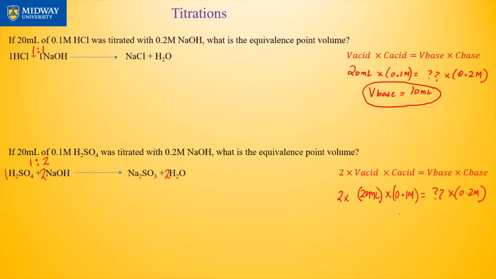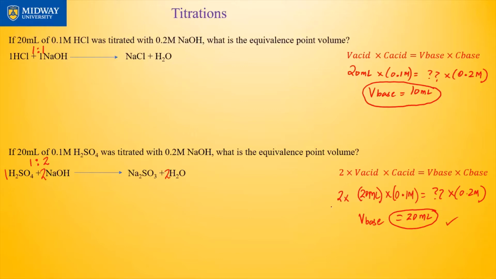What do you see is different? Well, the numbers are exactly the same, but comparing the volume of base in the problem at the top and the problem at the bottom, this has taken twice as long, which is why we multiply the acid side by 2, because that's what would give you the correct number.